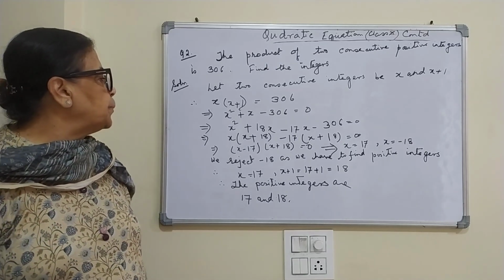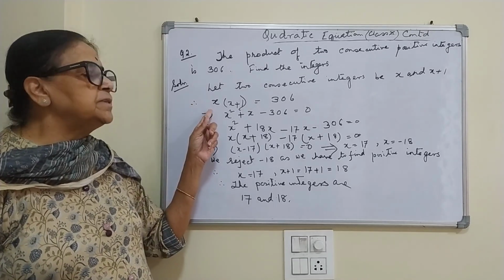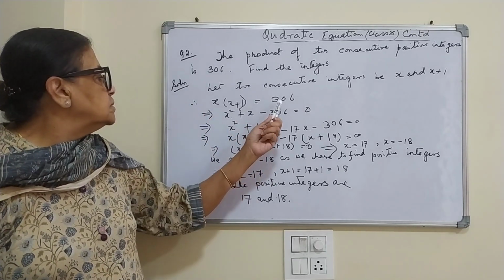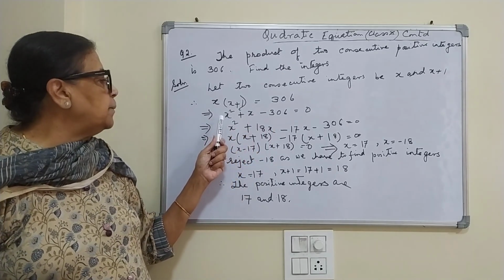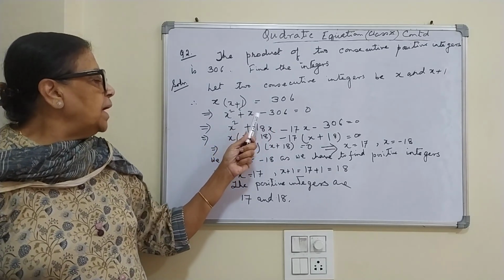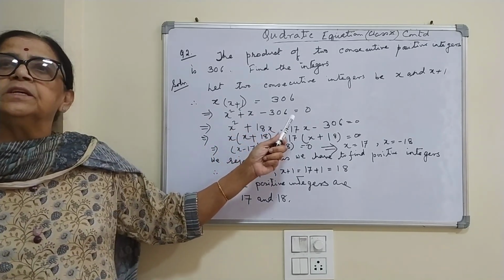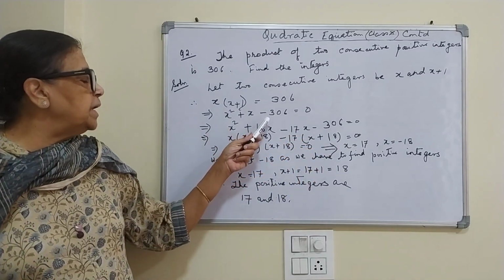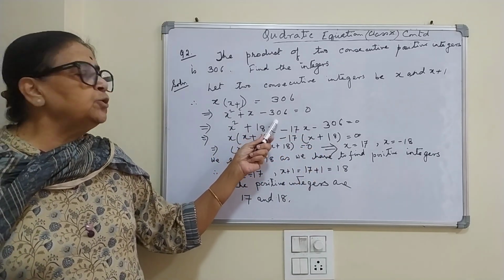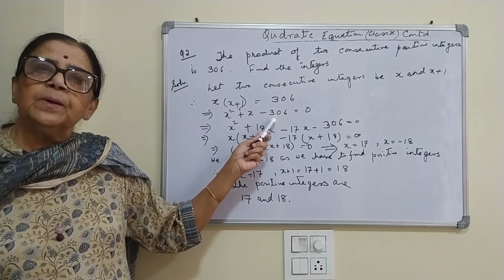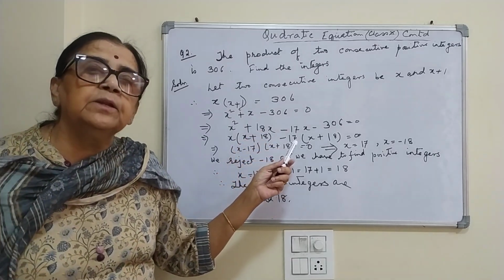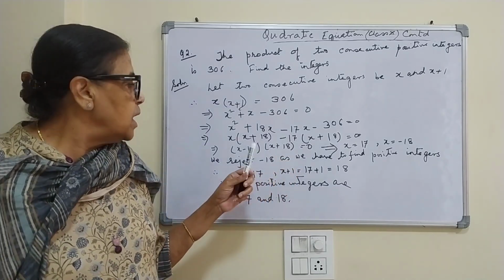According to the problem, x into x plus 1 is 306. Therefore x square plus x minus 306 is equal to 0. When I split the middle term, the product of 17 and 18 is 306.